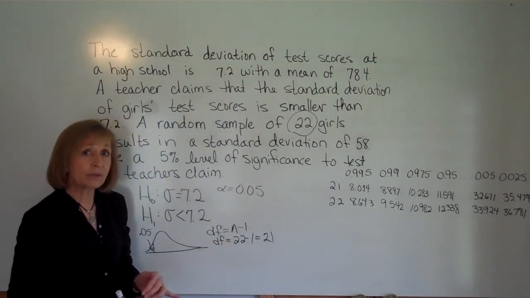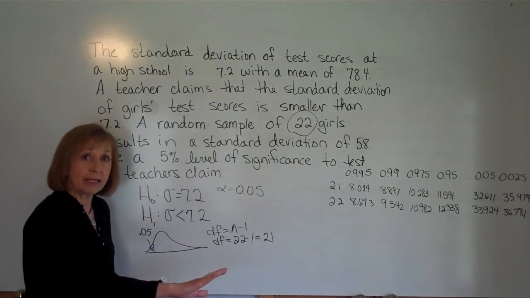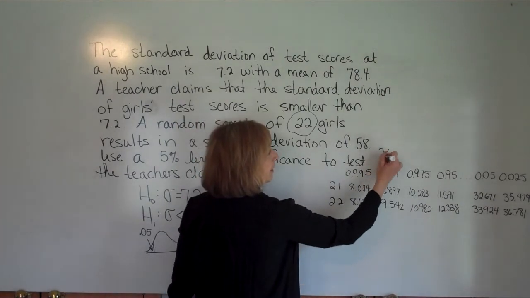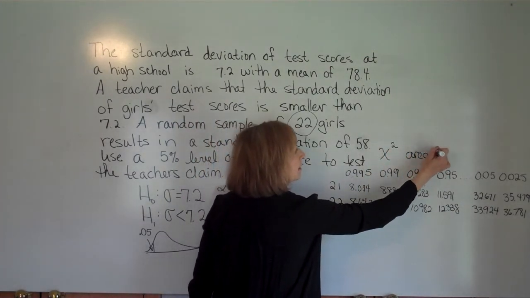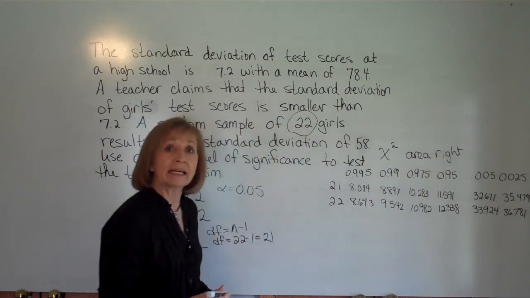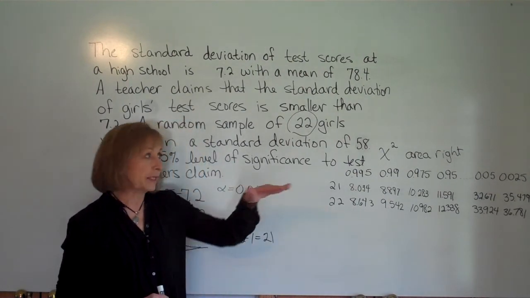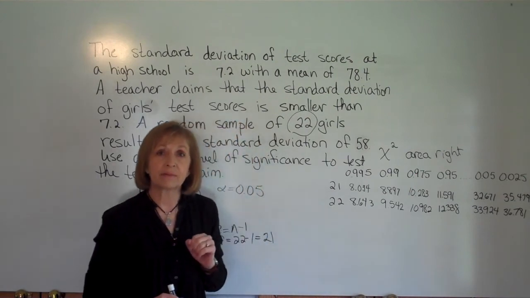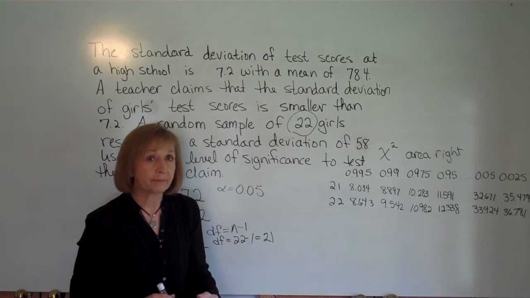Now, I've given just a little bit of a snippet of the chi-squared table over here. The chi-squared distribution is, again, skewed to the right. And when they set up the chi-square critical values, area right is what is given in the column headings for most of the tables that you'll refer to. Always read that and also look at the legend to see how they've set up the table you're referring to, but most of them will be area right.